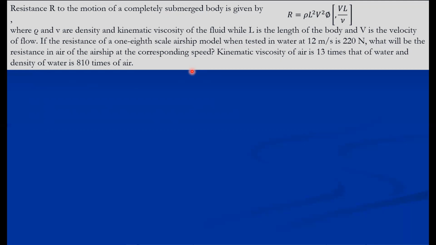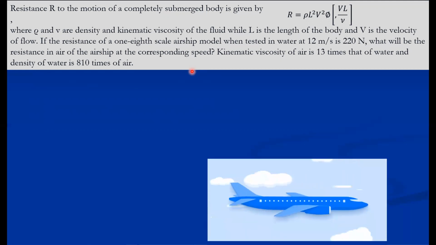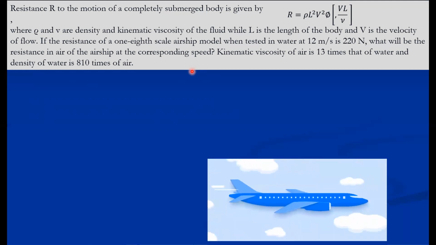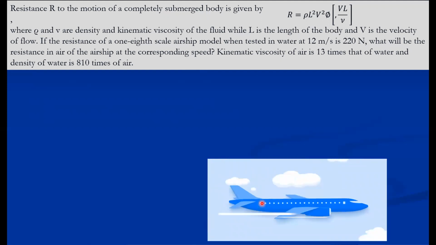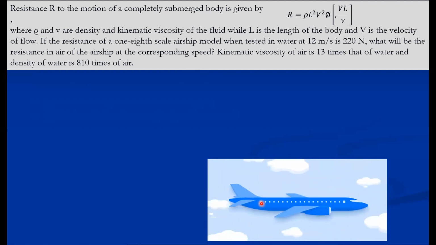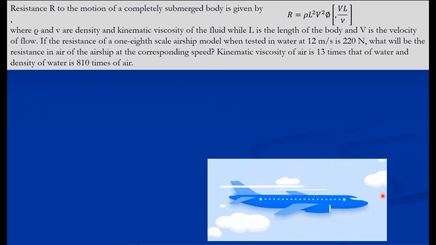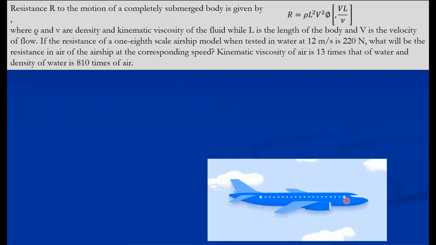From this statement, we can write the given quantities. In the actual prototype, the aircraft generally moves at a very high speed, so there is a large resistance offered to this airplane by the air.